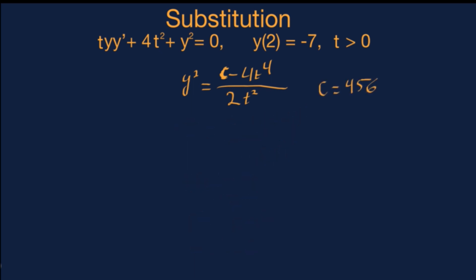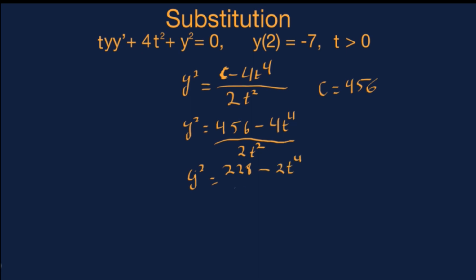So now that we know what this unknown constant is, we can plug it back into the equation and get the particular solution. And so when we do that, we get y squared is equal to (456 minus 4 times t to the fourth) over (2 times t squared), which is equal to y squared is equal to (228 minus 2t to the fourth) over t squared.